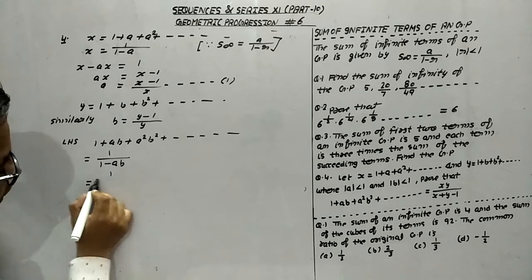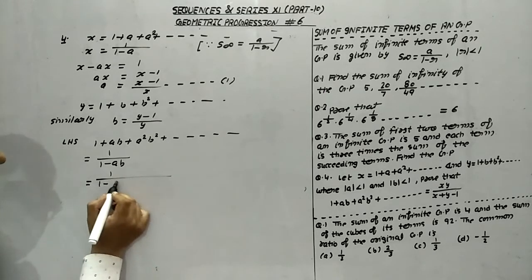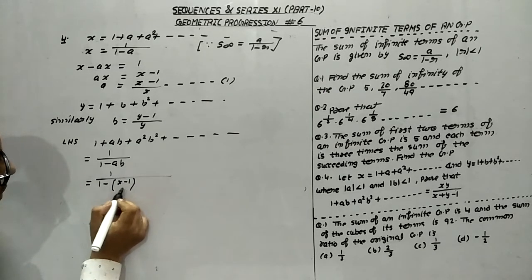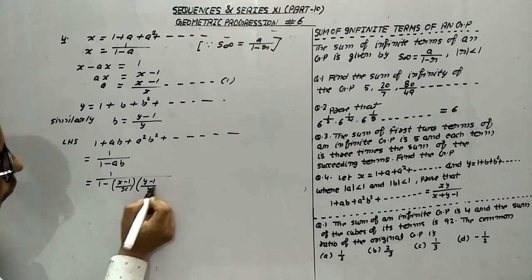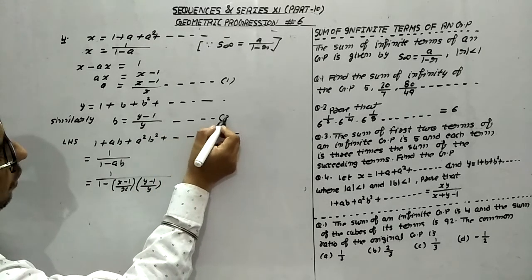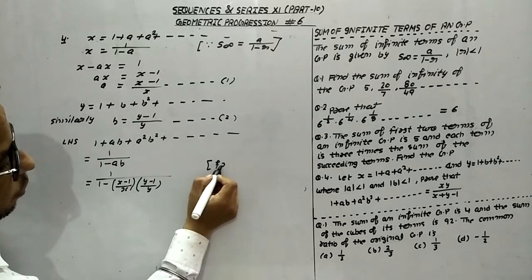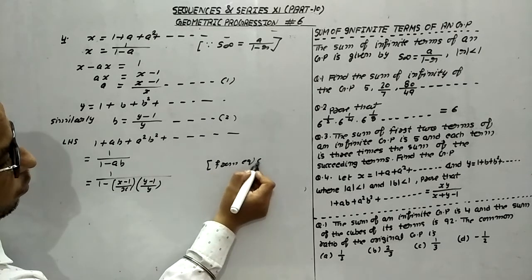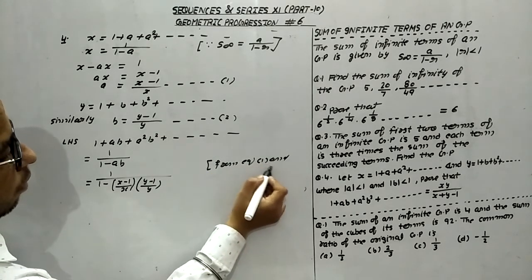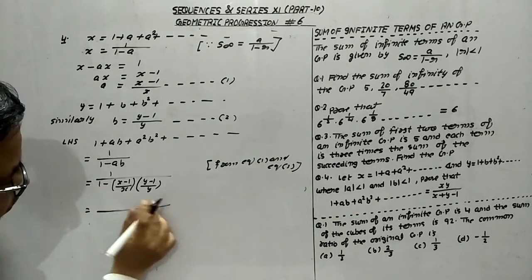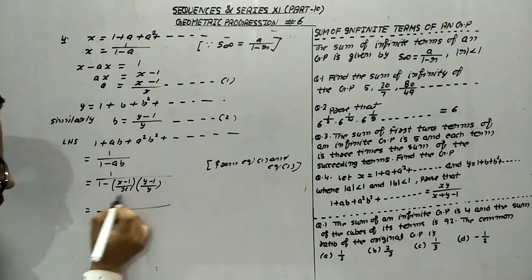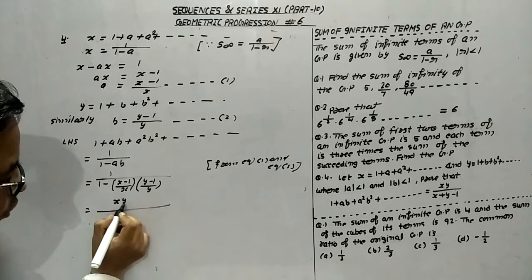Now from equation 1 and 2, substitute the value: 1 minus (x minus 1 upon x) into (y minus 1 upon y), from equation 1 and 2. Now once we put the values from equation 1 and equation 2, after cross multiplying and taking the LCM, xy will shift to the numerator.